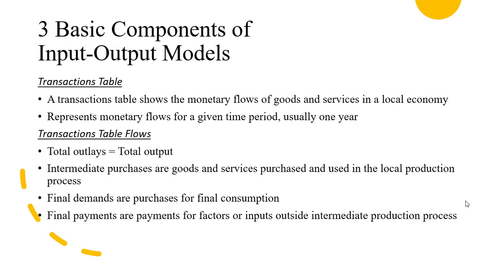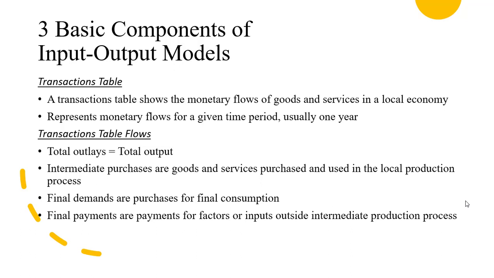I will discuss the transaction table and total requirement table one by one, but before that, you need to understand what a transaction table is. Just like in an accounting framework, where there is debit and credit, similarly we will construct a table where there will be a transaction going on.